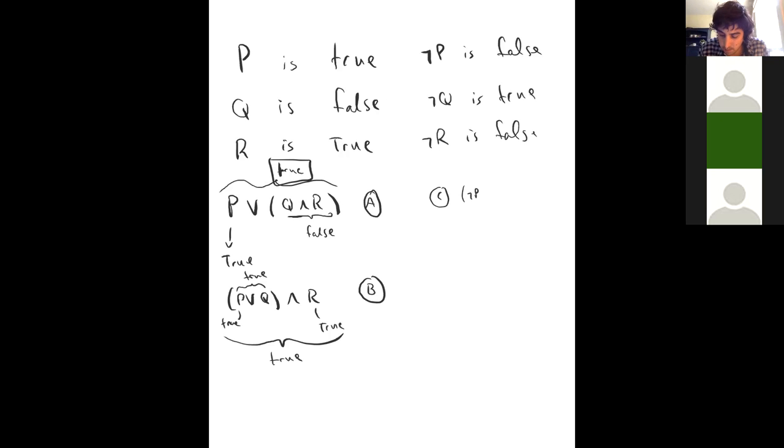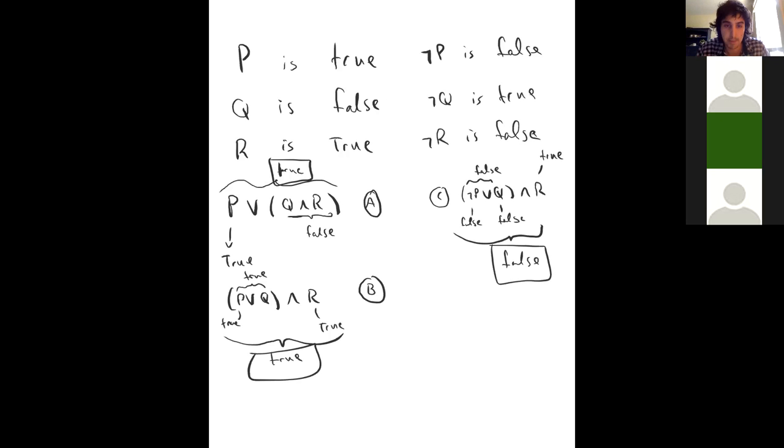So C was not P or Q and R. And R is true, but not P, this is false. And Q is also false. So this whole thing is false. So one of the conditions on the and is false. So the whole thing is false. Okay, maybe I'll stop there. D was also true.